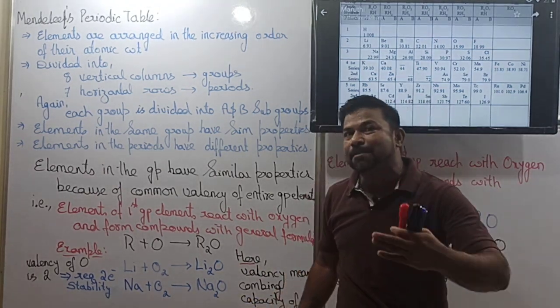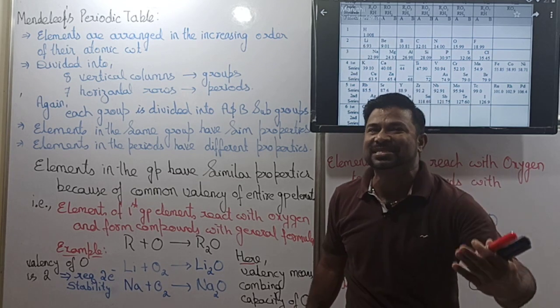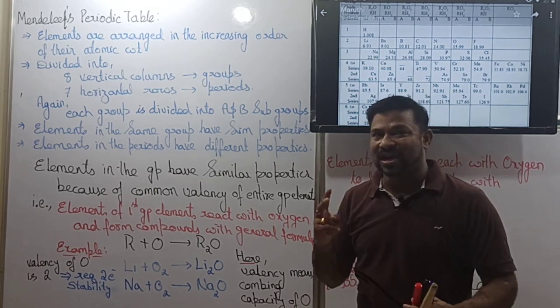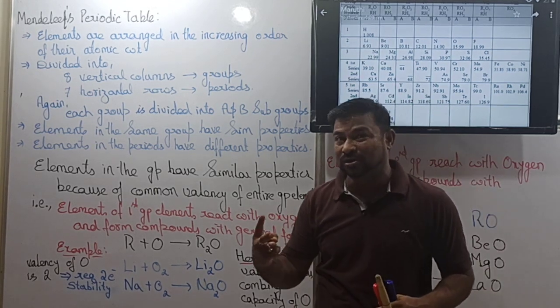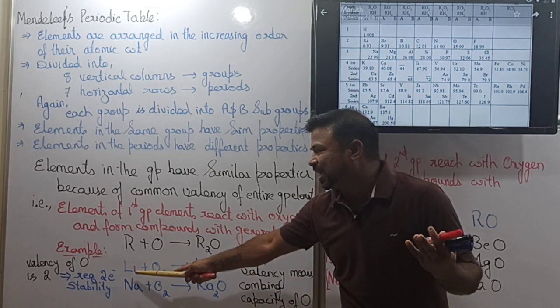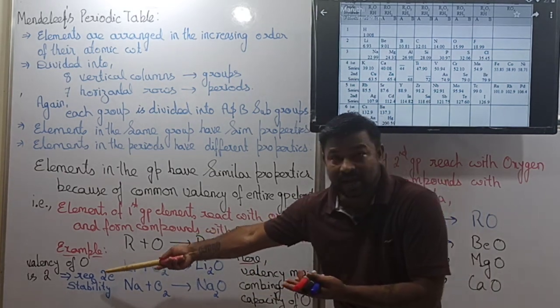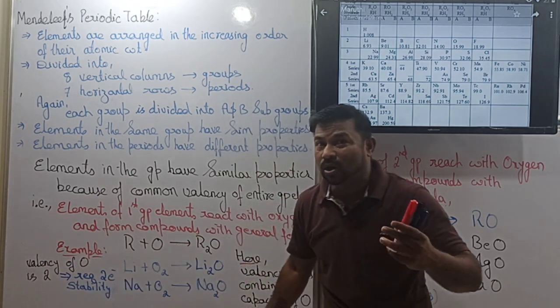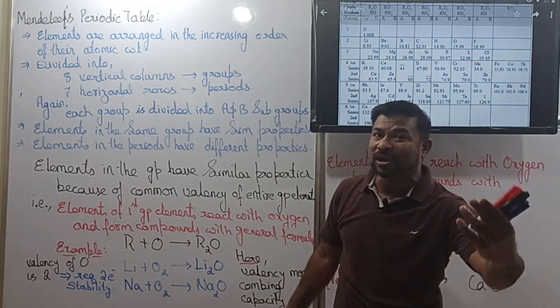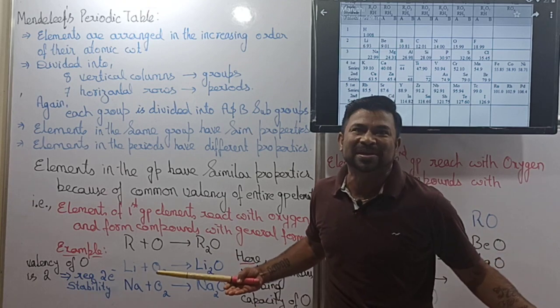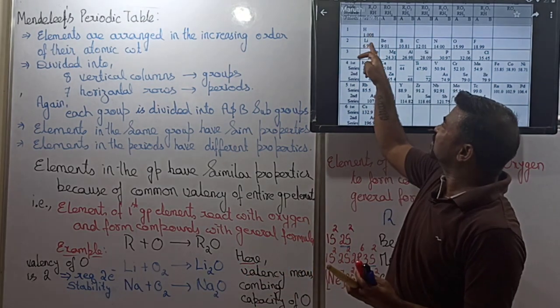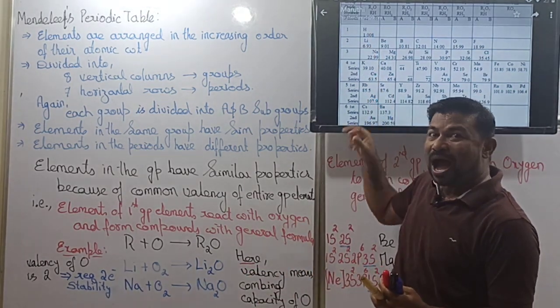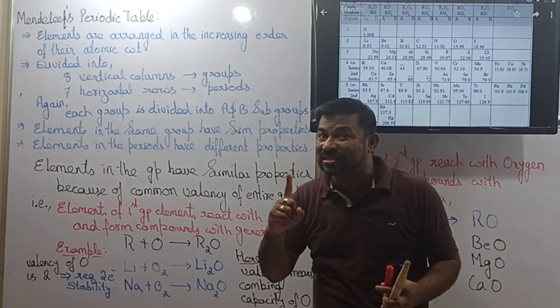The combining capacity, valency, of oxygen is 2. So let's take an example. It wants to get 2 more electrons, whoever it might be. All the elements present in the first group have 1 valence electron.